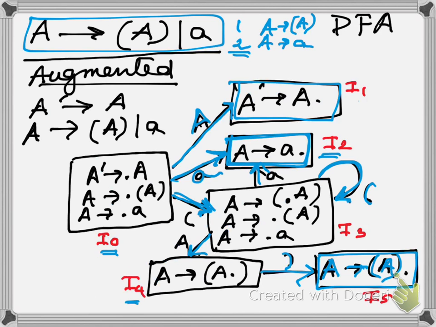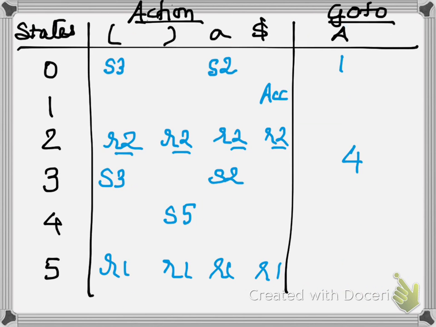And if the final item is the final item for the augmented production, then you are going to accept on dollar. So this is how you construct the parsing table for LR0 parsing.